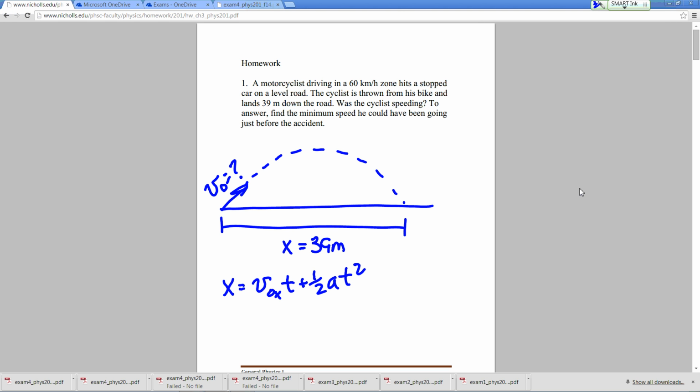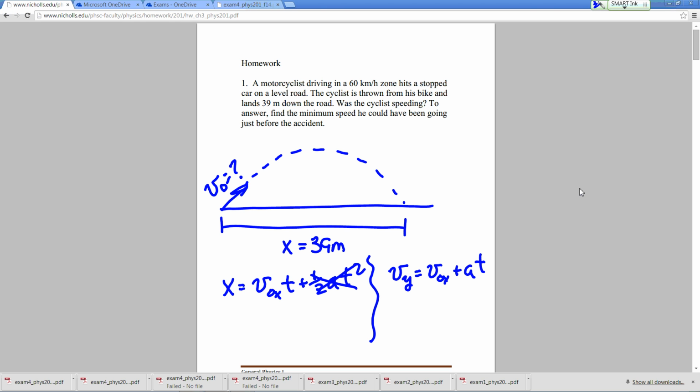Is this going to work? Yeah, it should work. Right, because there is no a_x here. And then I'm also going to say that v_y is equal to v naught y plus a t.